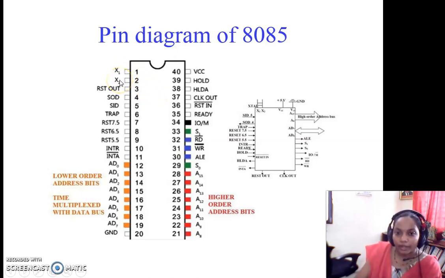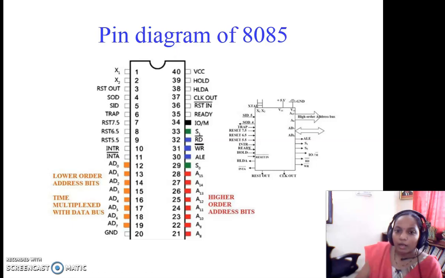X1 and X2 are provided to connect the external crystal to our 8085 IC. With the help of this external crystal, we can produce 3 MHz clock frequency. As we know that it operates on 3 MHz clock frequency, so we can connect here a 6 MHz crystal oscillator.